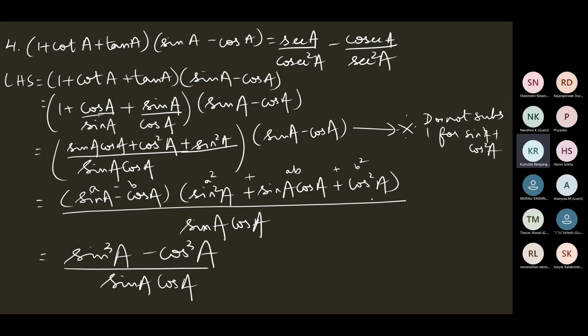Sine square A is A square, cos square A is B square. If you write 1, then you will not get the desired RHS. You should remember that, because then you'll damage the identity.